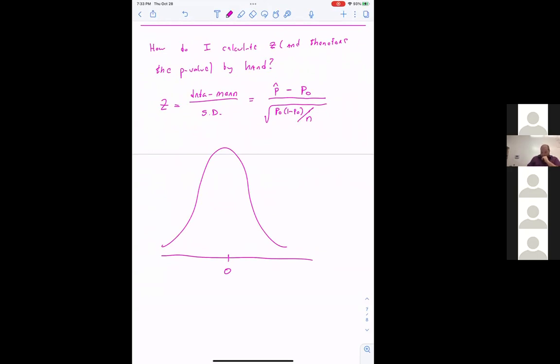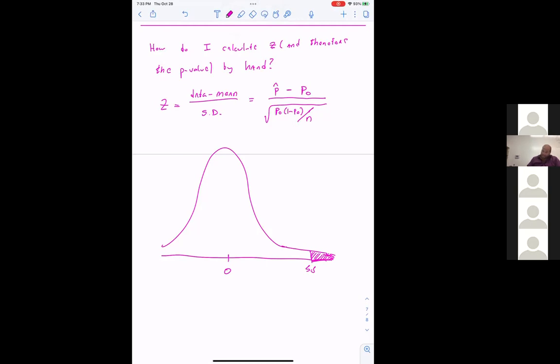To the right of 0. Right, way out here, and we want the likelihood of being past 5.5. How do I compute that? Using the calculator? That's how you do everything in statistics.